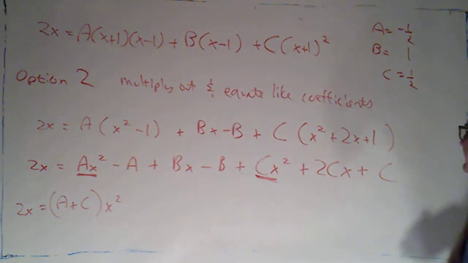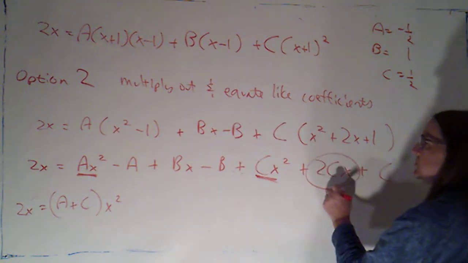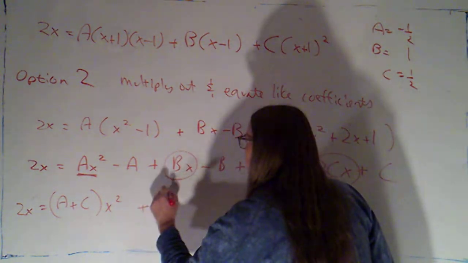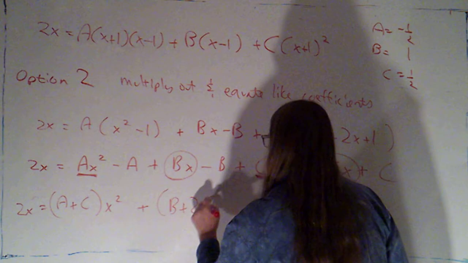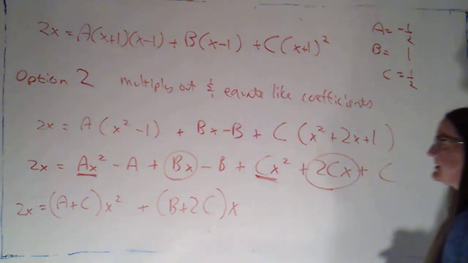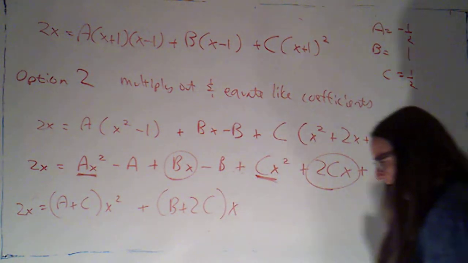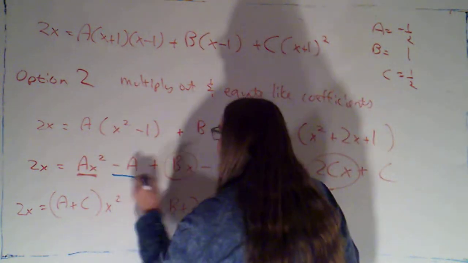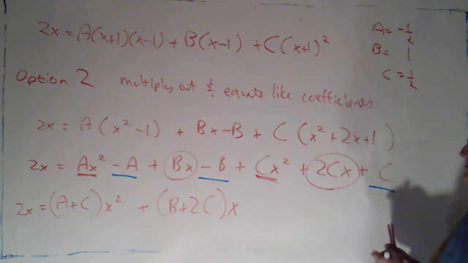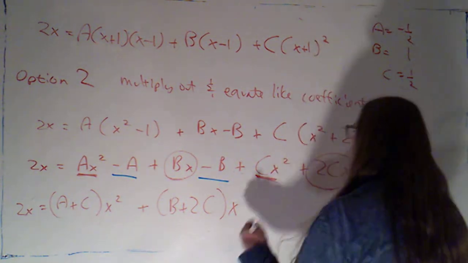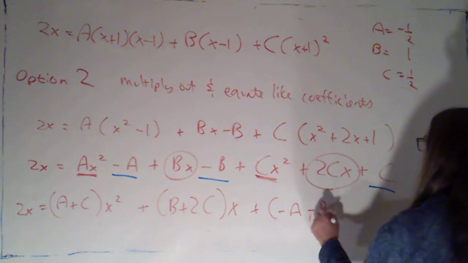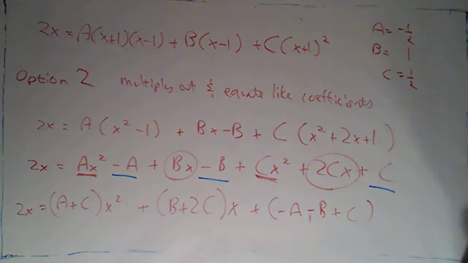Now let's take a look at the x's. I've got 2cx plus bx, so that's b plus 2c copies of x. And then if I look at my constant terms, I've got negative a minus b plus c.